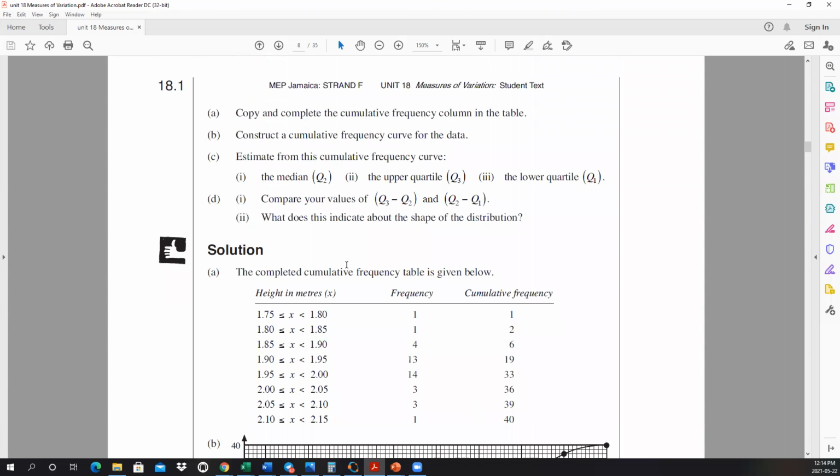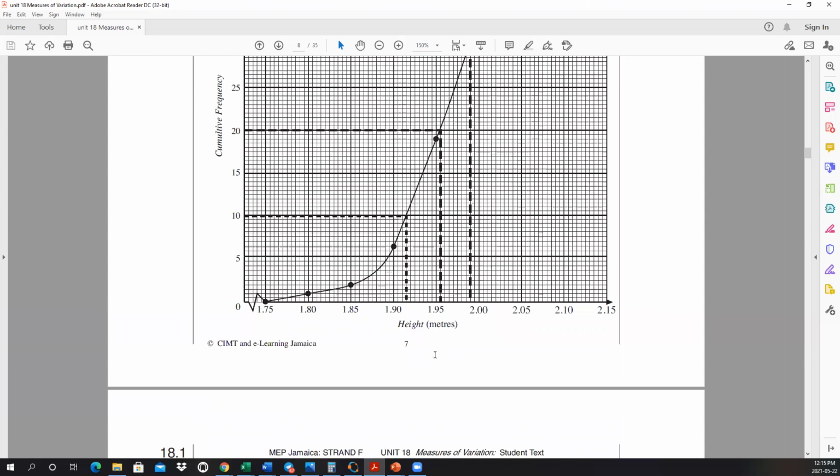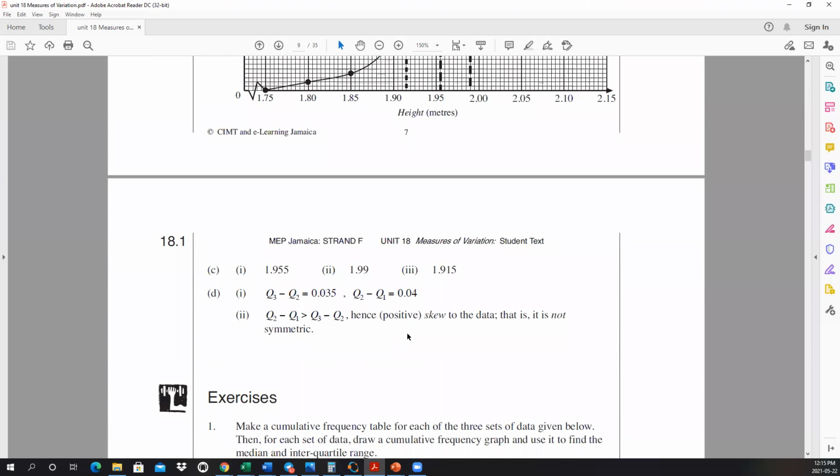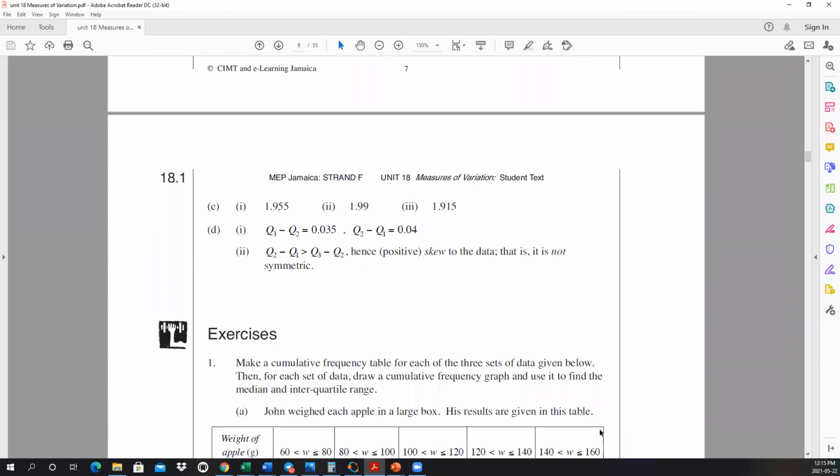All right. Then what does this ask? What does this indicate about the shape of the distribution? So compare the differences of the upper quartile and the median and the lower quartile and the median. Then look at what it says.